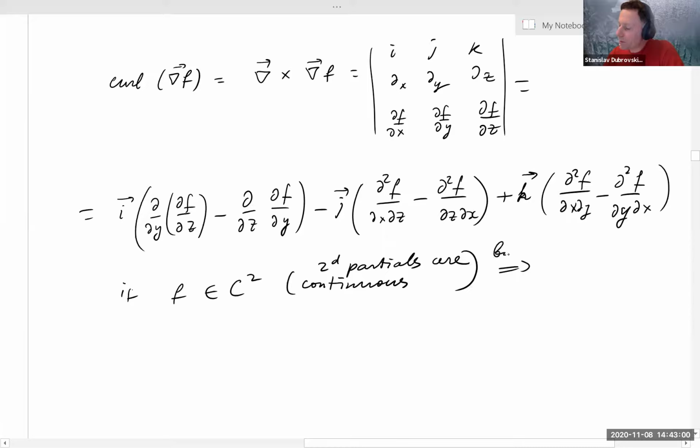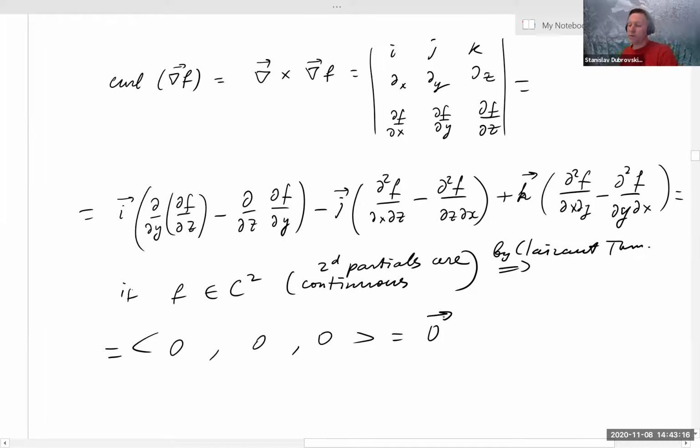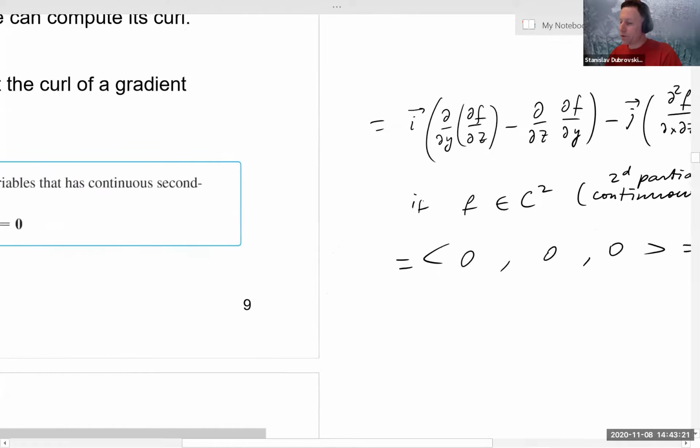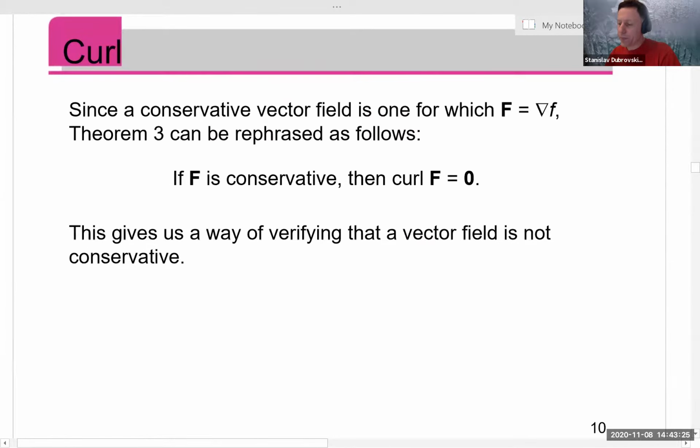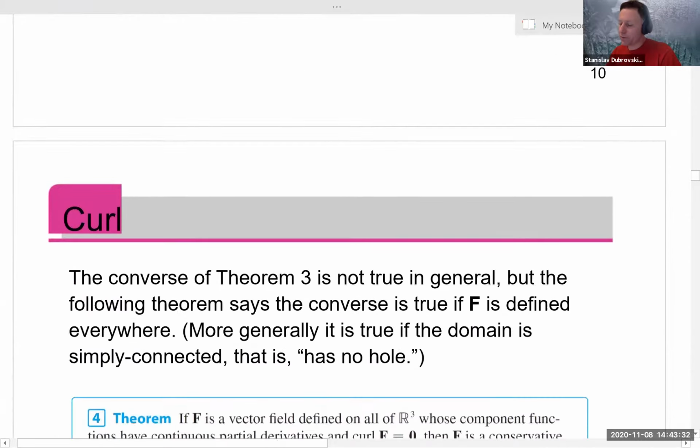Then by Clairaut theorem, all of the above components are 0. Is 0, 0, and 0. In other words, the curl of this conservative vector field is equal to 0, which gives us an interesting criterion for finding out when our field is not conservative. So if the curl is not 0, then we know the vector field is not conservative.